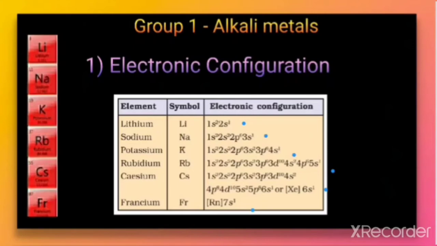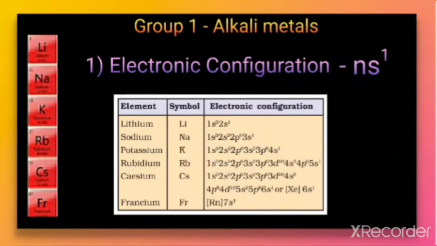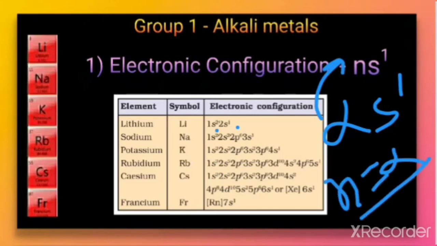We can write the general electronic configuration for these elements as ns1, where n represents the principal quantum number, or in the periodic table, the period. If the outermost electron is in 2s1, then n is equal to 2. Comparing with the general formula, n is equal to 2, so this element belongs to the second period.